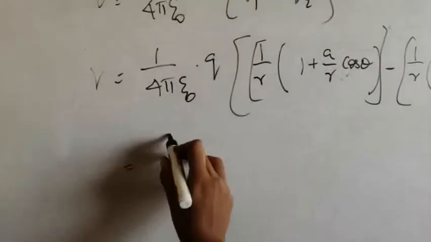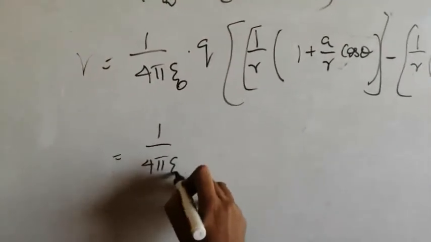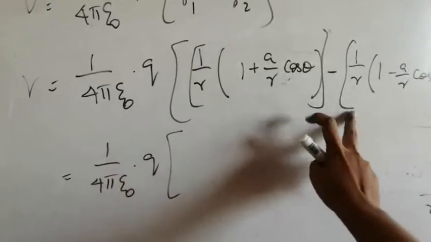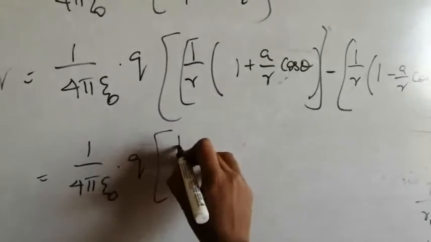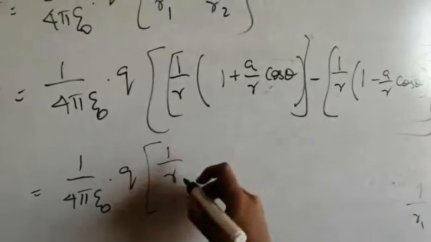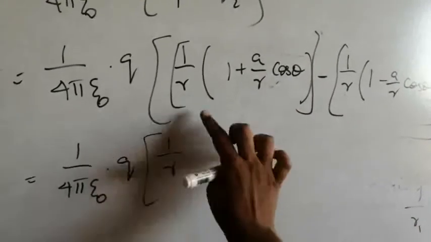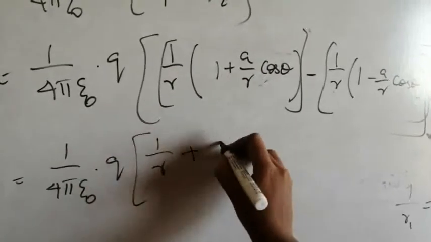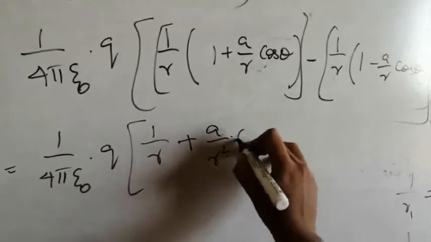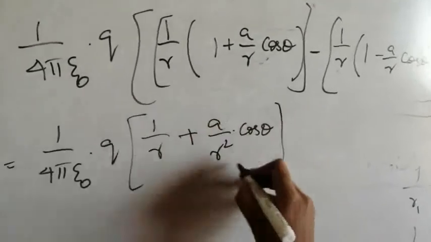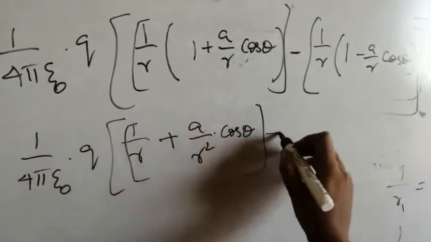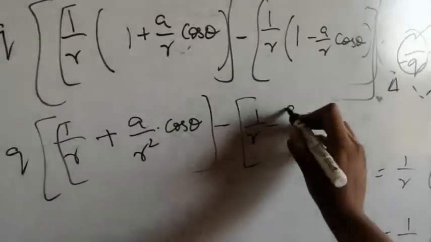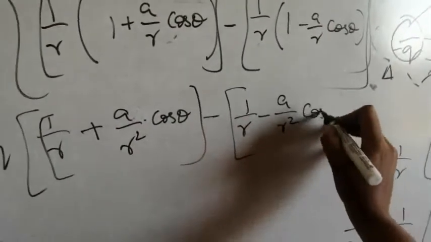So 1 by 4 pi epsilon naught into Q. Here 1 by r, here 1 by r. So for the first term, multiplying, it is 1 by r plus a by r square into cos theta. This one I will write first, then minus as such. This one multiplied here is 1 by r minus a by r square cos theta.